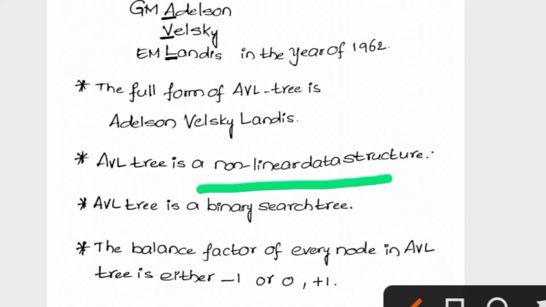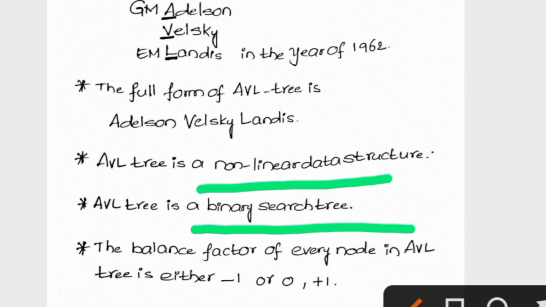That's why the AVL tree is a non-linear data structure, and it follows the binary search tree properties. The binary search tree properties mean the left subtree must be less than the root element, and the right subtree must be greater than or equal to the root element.